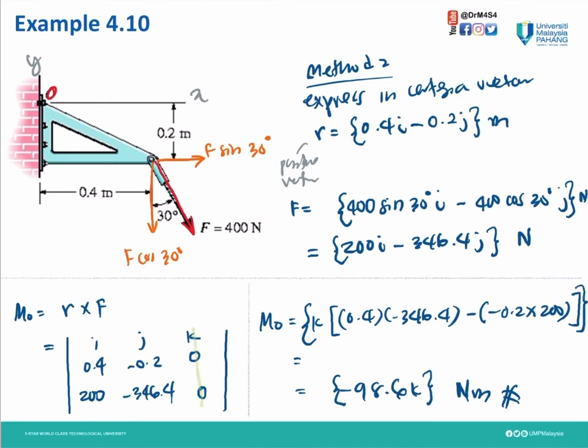Therefore, just left for us is K. So expand this, we will have 0.4 times negative 346.4 minus negative 0.2 times 200. So we will get our MO as negative 98.6 K Newton meter. So that is the second method.